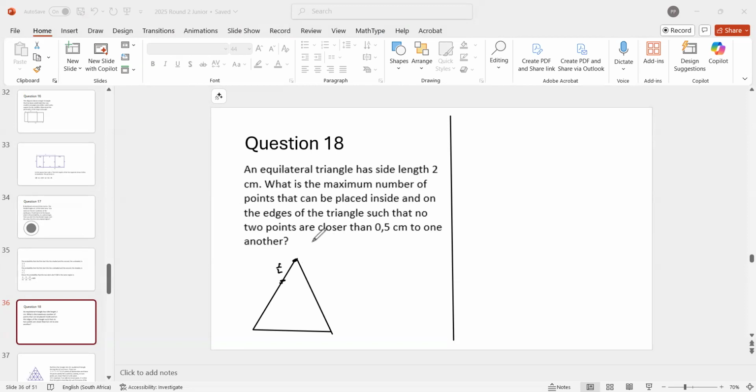It's not less than half because they say closer than. So I can put the second point here, right? That's right at the extreme. And here too, I can put the third point here, and I can put the fourth point here. So all halves apart. And these 4 halves will give you 2. All right, so if you do this right throughout, you will see that you've got points like this.